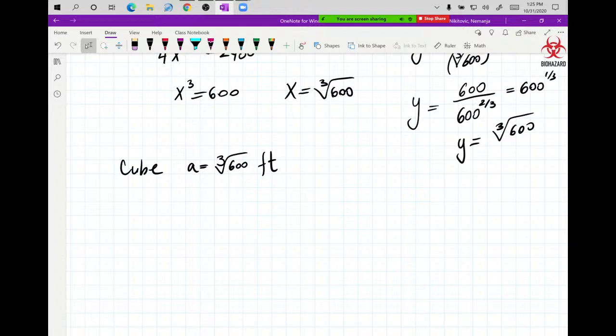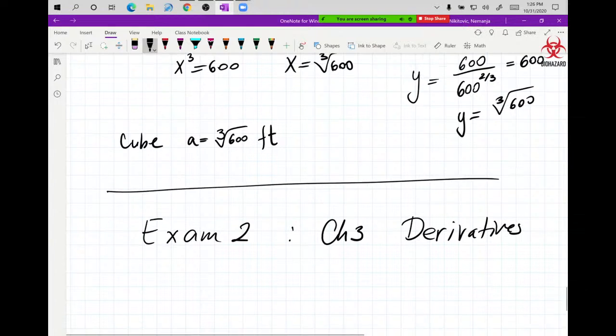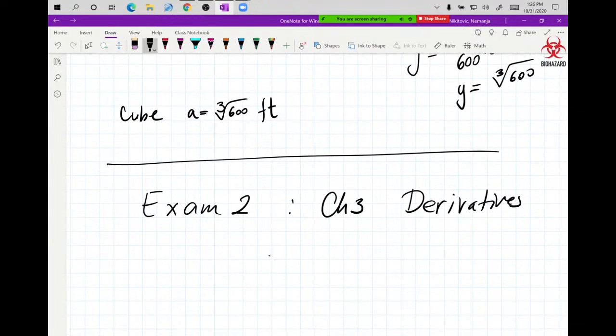Your exam, exam 2, is on chapter 3, which is derivatives. You absolutely have to have a problem on the basics. You have to have one problem on the limit as h goes to 0.